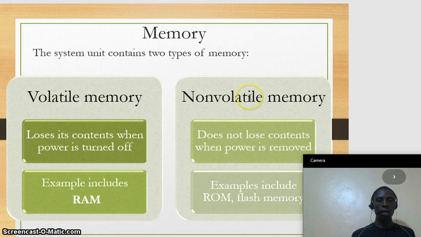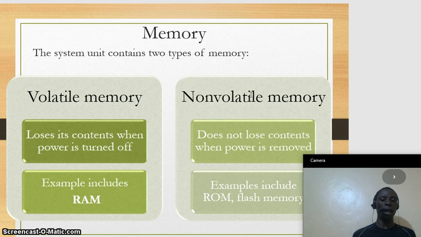Okay, so let's look at the memory continued. The system unit contains 2 types of memory, like we said in our previous tutorials: the volatile memory and the non-volatile memory. The volatile memory loses its content when power is turned off, or when the computer goes off. What do you think that is?